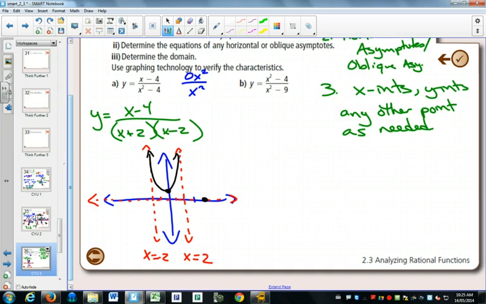But I can get some information if I plugged in 3. If I plug in 3, can you see that I'm going to get negative 1 on top and 5 on the bottom, which is negative 1/5. So if I plug in 3, I get negative 1/5. That's telling me that it's going down like this.